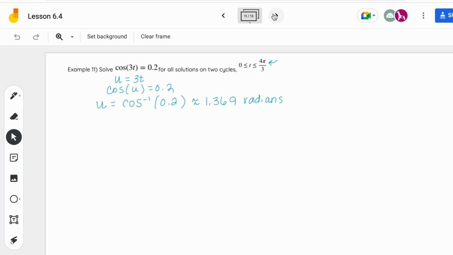So I know that cosine, again, our x value, is positive in the first quadrant, and 1.369 is certainly in the first quadrant. So between here and here is 1.369 radians.